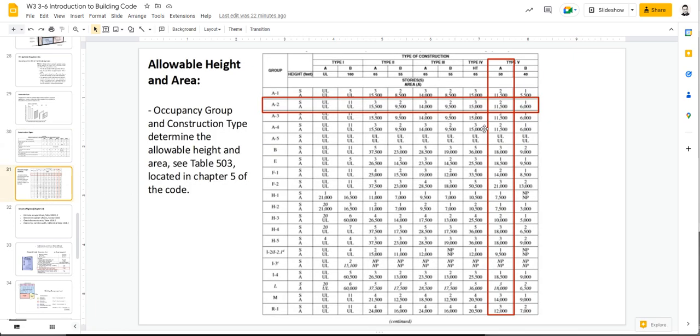So if we go back here and you made your building out of concrete, which is type 1, uncovered concrete, you can put up under an A2 group 11 stories of building. You can put 12 stories, only 11. How big the area? UL means unlimited.